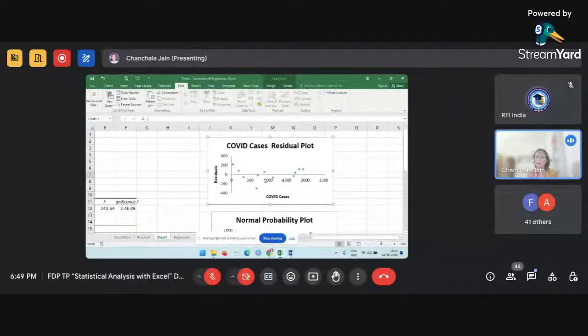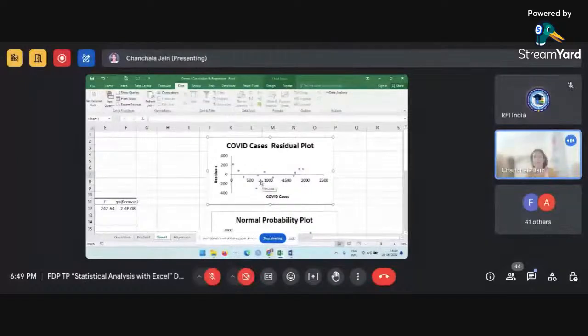So that way you can call your residuals are not normally distributed. But here you can find they are following a particular path, right? They are not deviating here and there. If they are scattered here and there, in that case you can call that your residuals are not normally distributed. This is the first graph I explained to you.